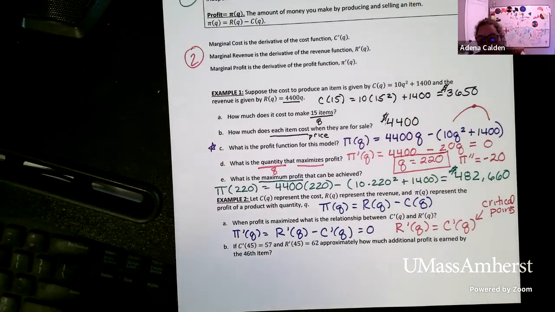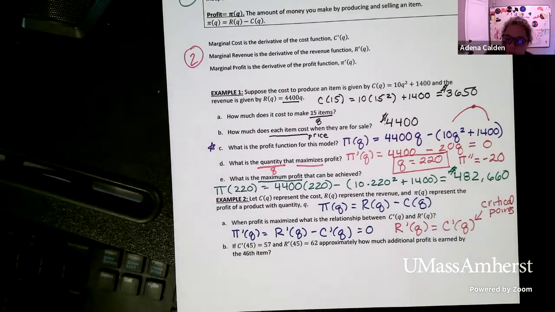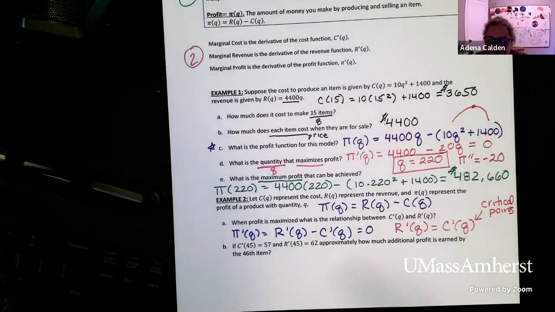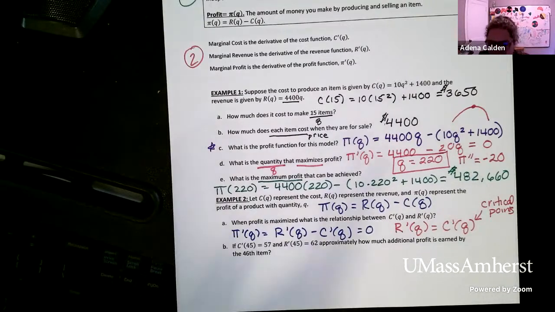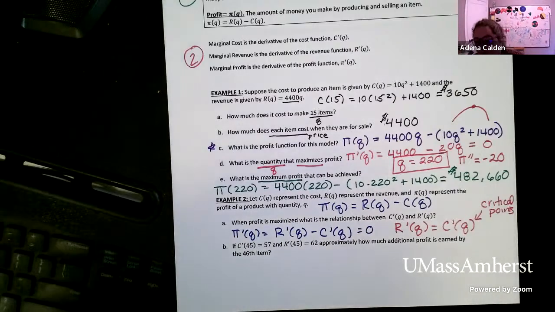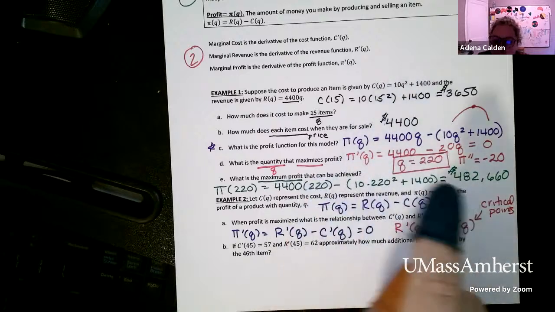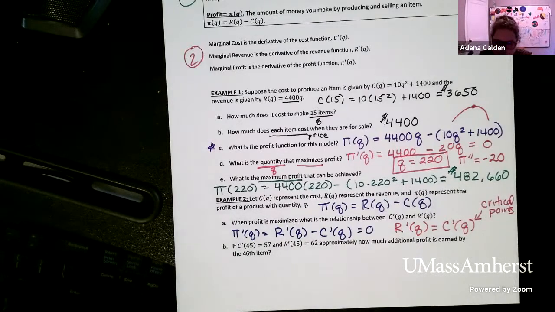Profit, when it is maximized, will have the property that R prime of Q equals C prime of Q. However, if R prime of Q equals C prime of Q, it doesn't necessarily mean that it's at a maximum. So it's one direction, right? It could be a minimum if there's more than one critical point. So this is a property that we can find by thinking about this in a more generalized way from the top down. So maybe you were able to think about that and figure that out. Maybe you got some parts of that, but hopefully that makes sense now.